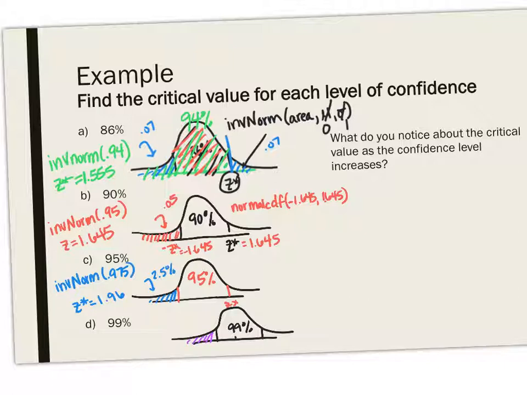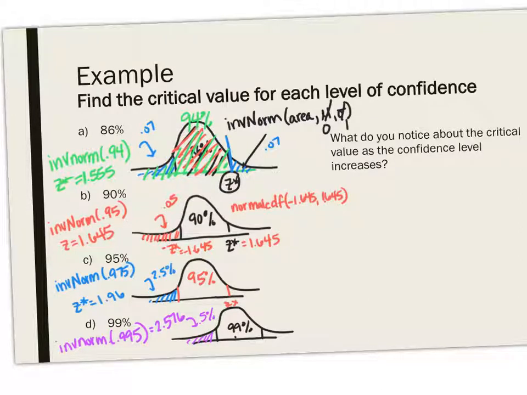But you have to split that 1% amongst two tails, so you only have 0.5% sitting out here. So when you do this, it'll be inverse norm 0.995, because you have to add 99 to the 0.5, so that's 0.995. And you should get 2.576.